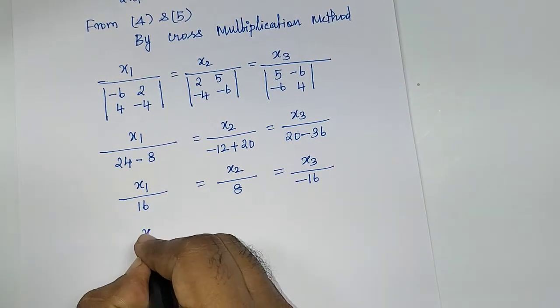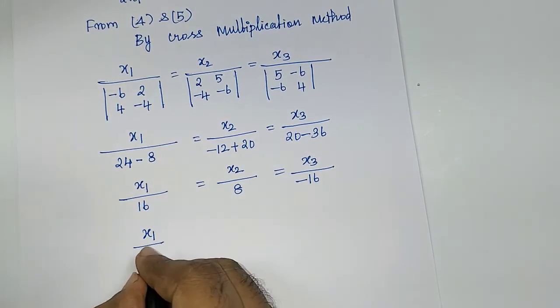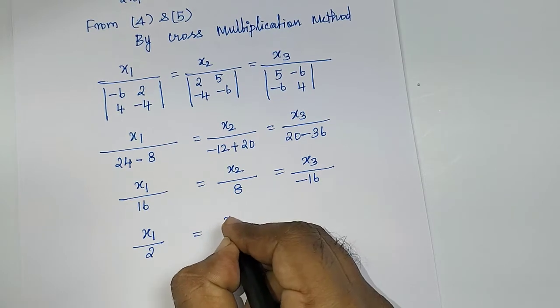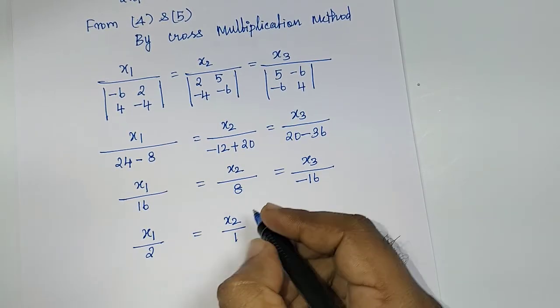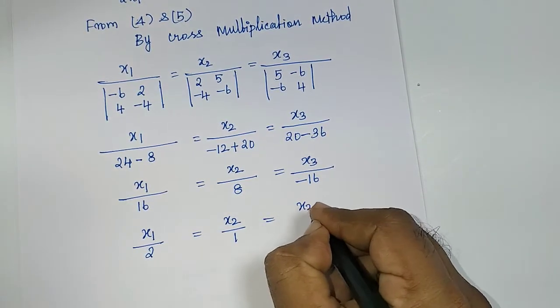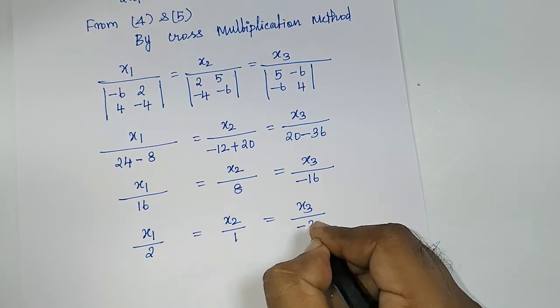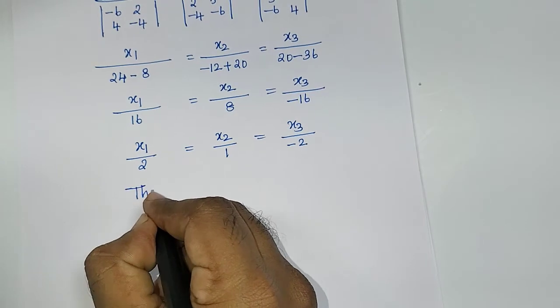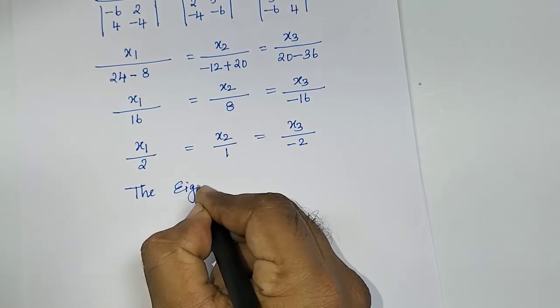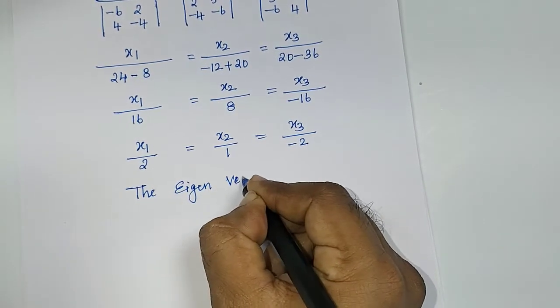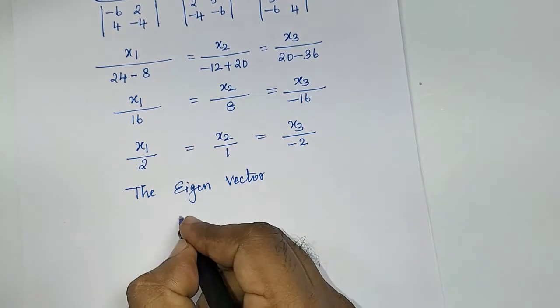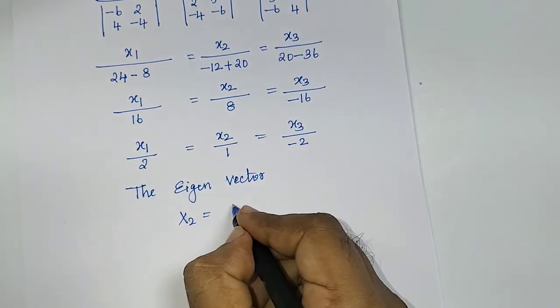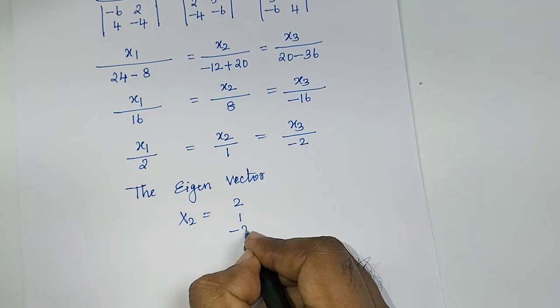You will get x1 divided by 2 and x2 divided by 1 and x3 divided by minus 2. So therefore the second eigenvector x2 is equal to 2, 1, minus 2.